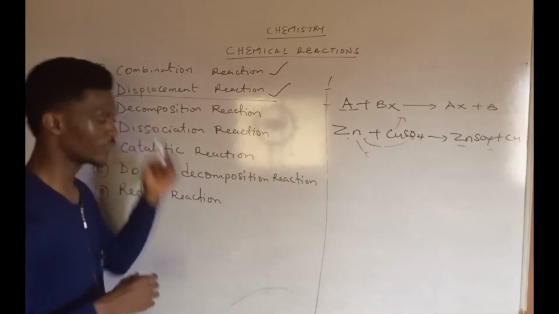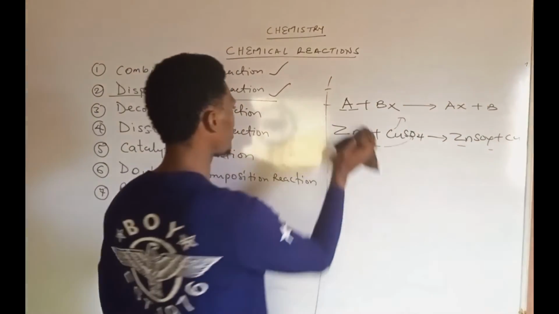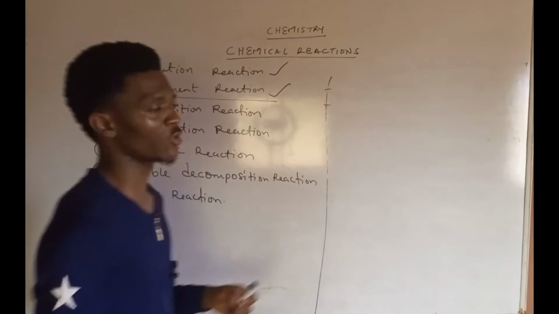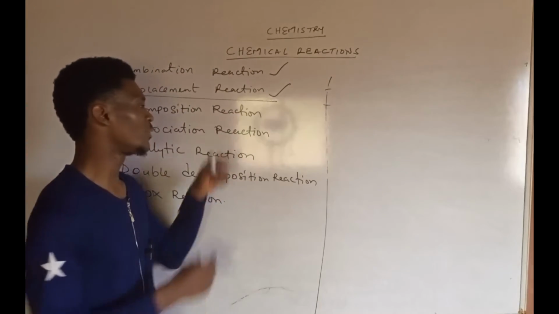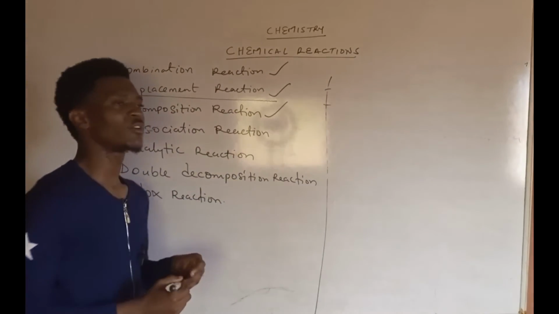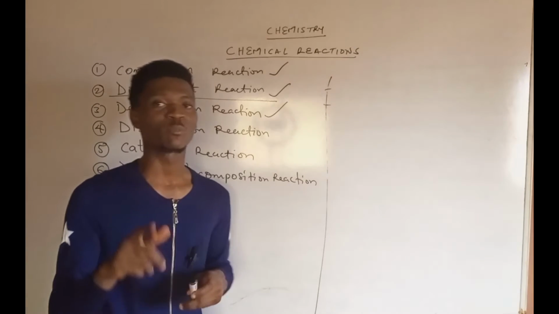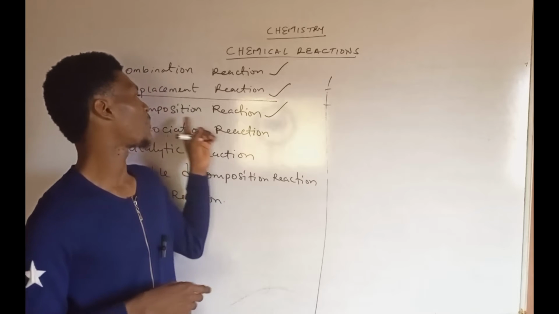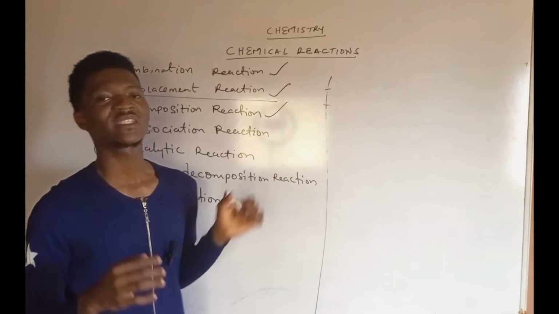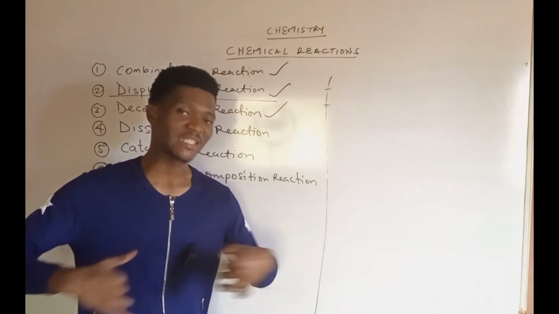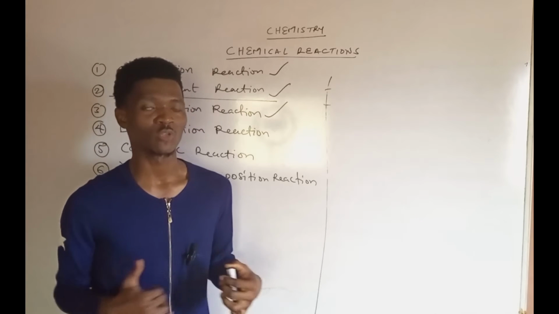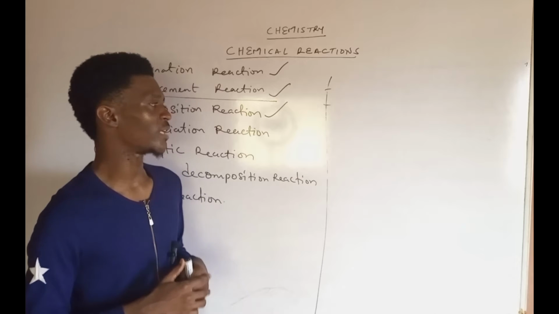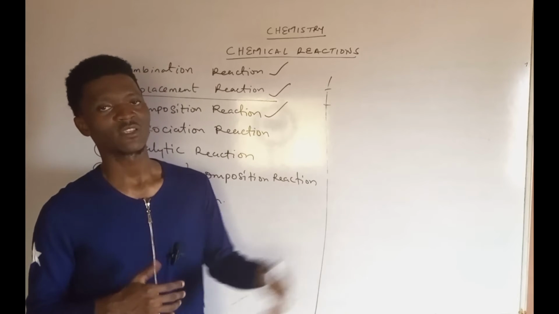Then the next reaction is decomposition reaction. When we talk about decomposition reaction, we are simply referring to a reaction in which, upon the application of heat, it will cause the chemical decomposition or splitting or separation of a compound into its component elements in order to form its diverse substances.